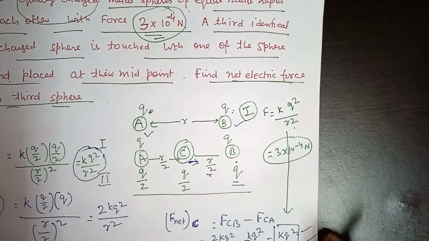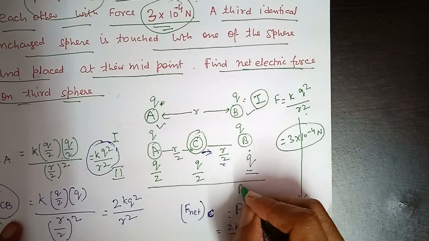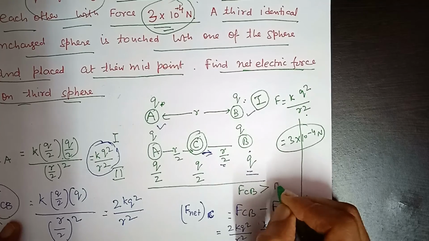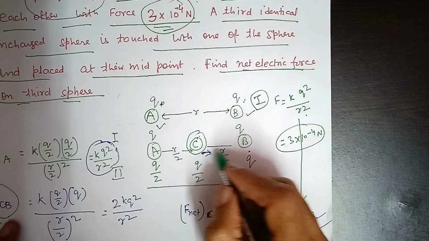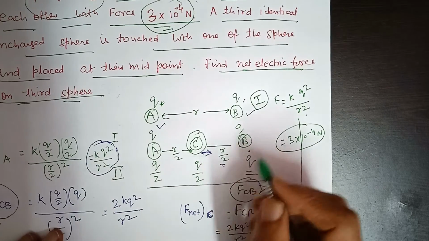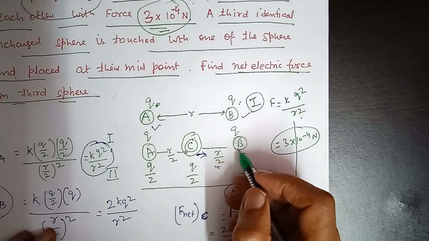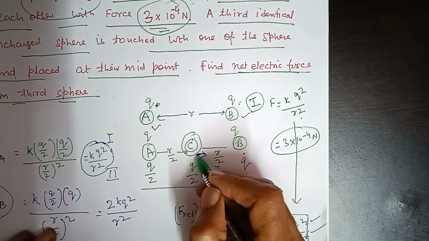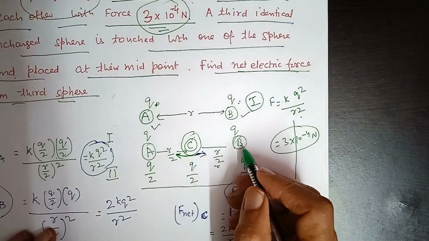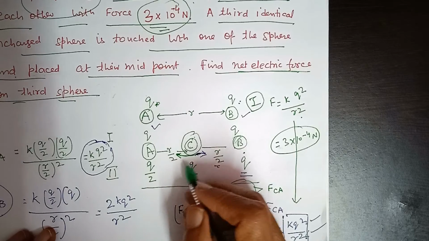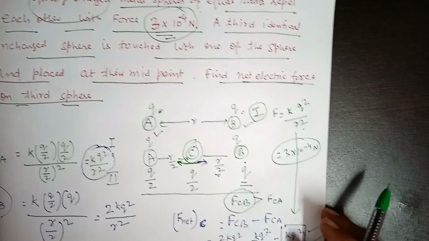And what will be the direction? See, FCB is more than FCA. Hence, the force of repulsion by B is more than that by A. So the force will be away from the sphere B, a force of repulsion. So this is the solution of this question.